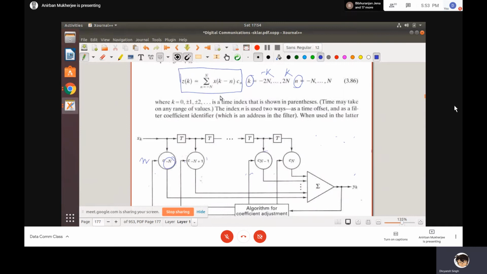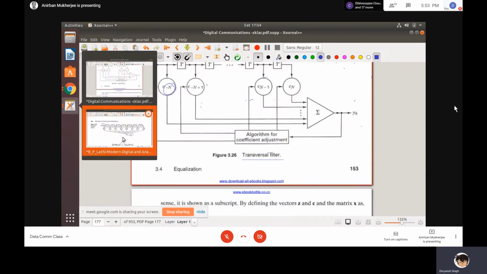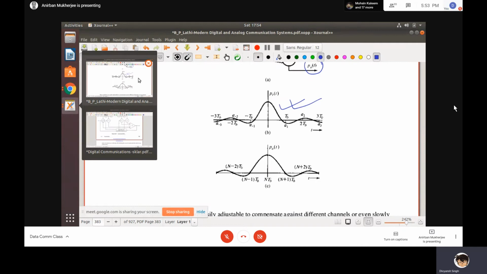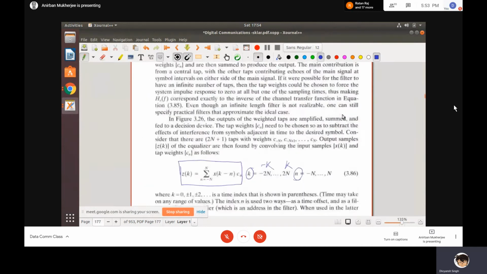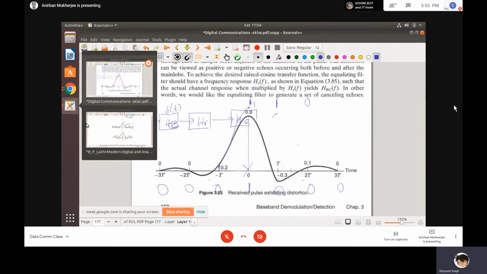Now what you can do, or rather if you check from the other one, ideally what do you want? This was my degraded channel signal, that means what is my x(t)? This is basically this particular characteristic.